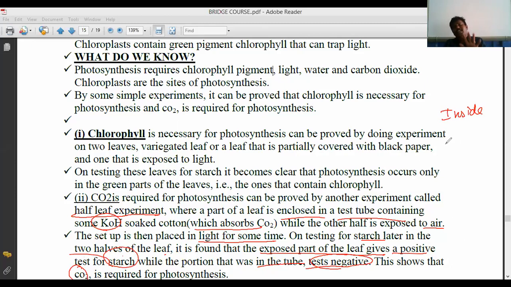Except carbon dioxide, everything else is available, but carbon dioxide is absolutely necessary to perform photosynthesis. Therefore the part of the leaf inside the tube could not perform photosynthesis.